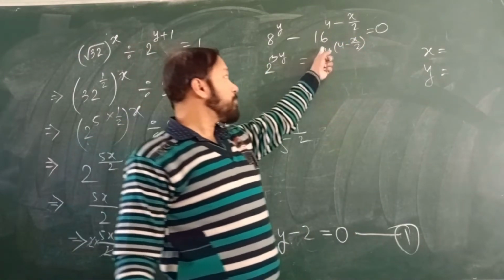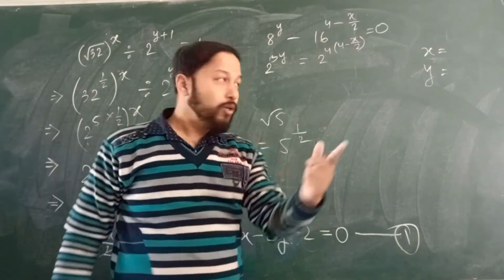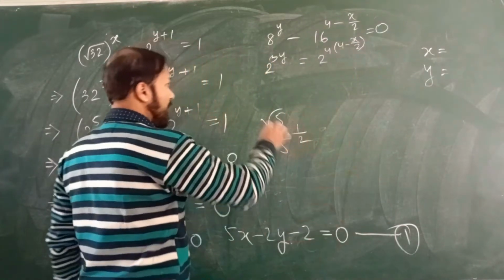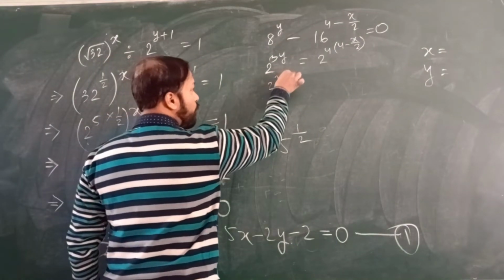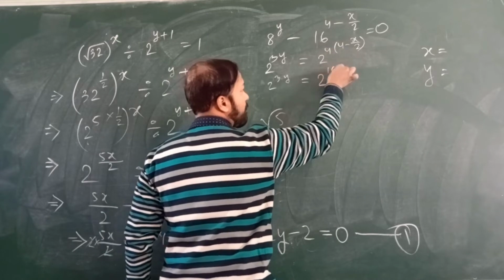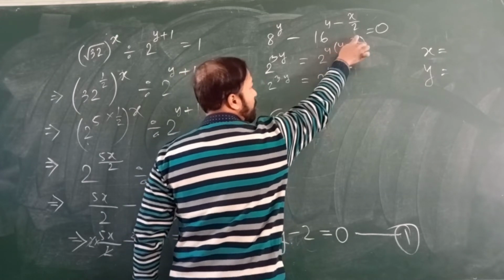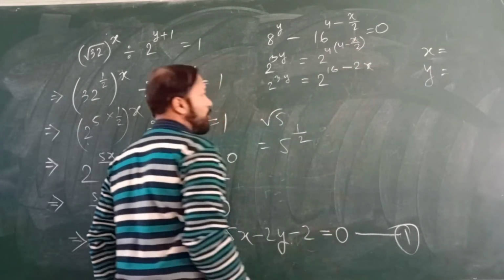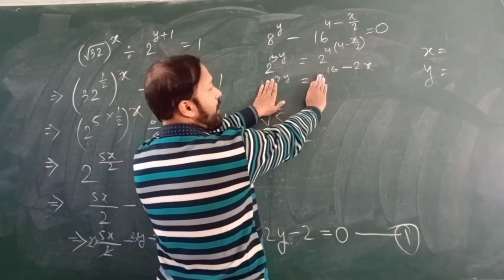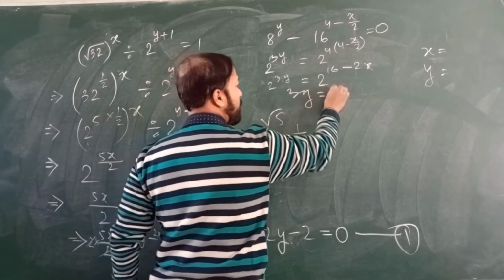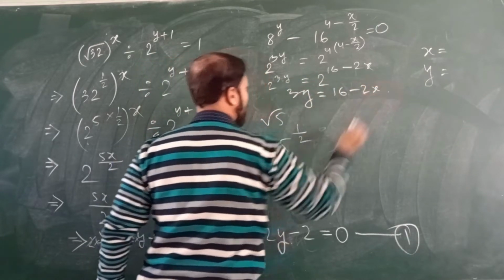So 2 to the power 3y equals 2 to the power 16 minus 4x by 2. 4x by 2 means 2x. If you cancel the base 2, you get 3y equal to 16 minus 2x.